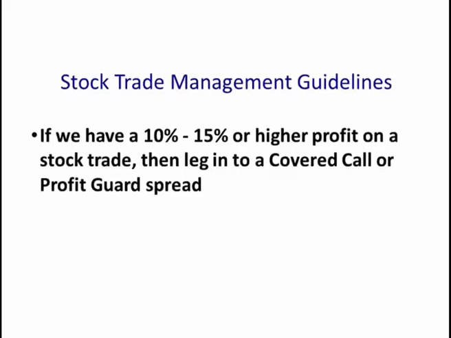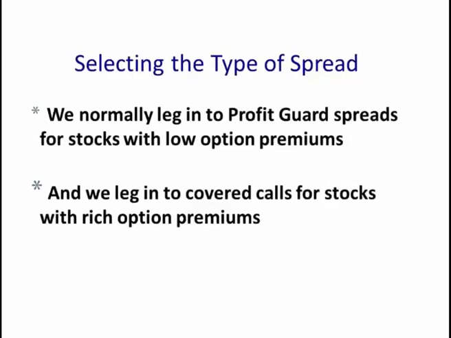And if the stock has low premiums, then we'll initiate a profit guard spread to help protect profits. We normally leg into profit guard stock spreads on stocks with low premiums, and we'll leg into covered calls for stocks with rich premiums.